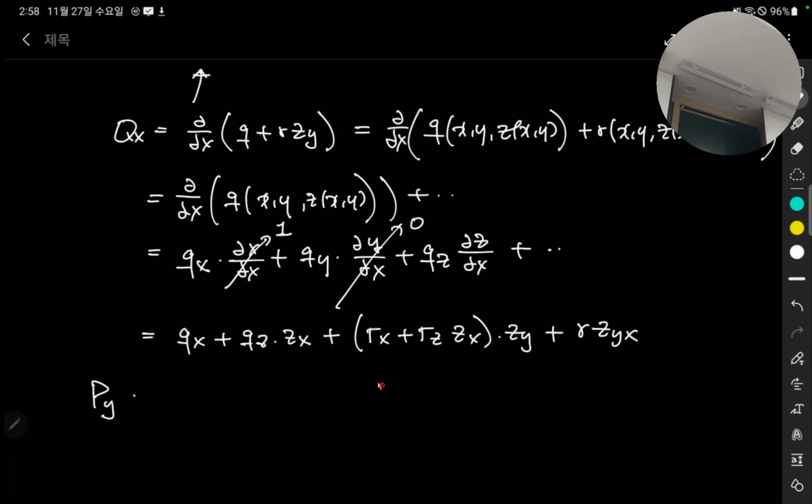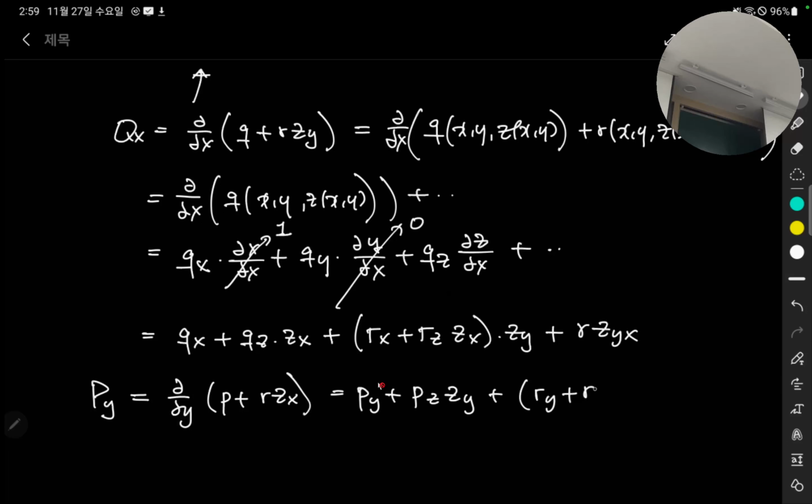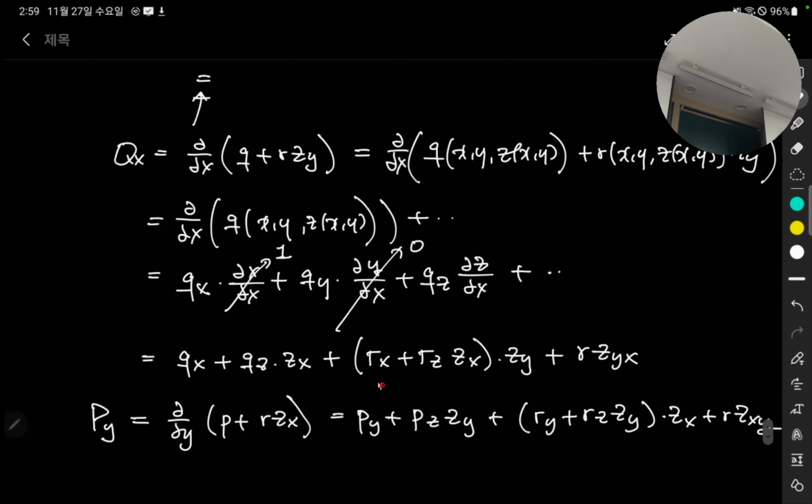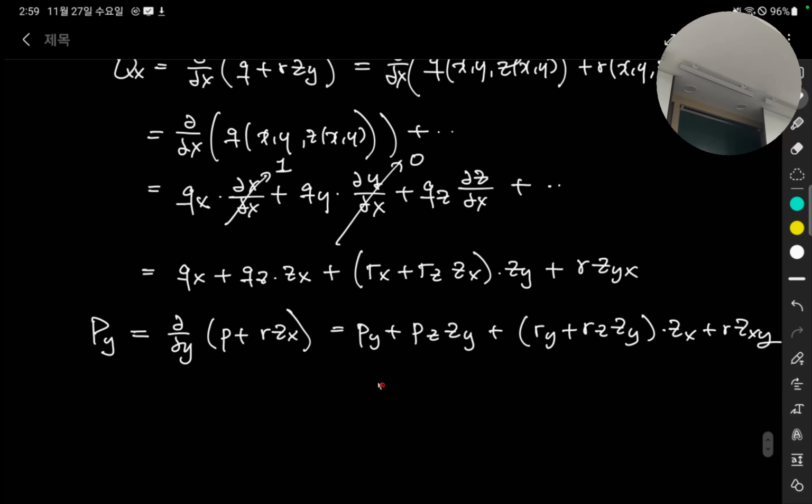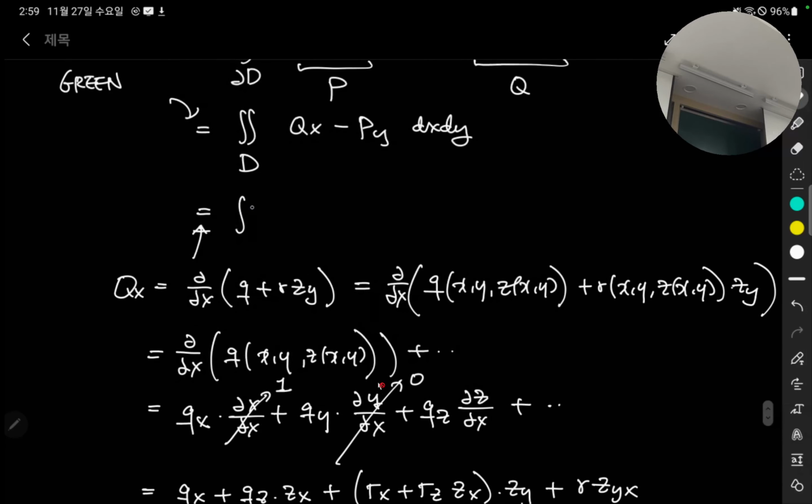And what's your P_y? It's ∂/∂y of P plus R z_x. So the same thing applies here: P_y, P_z z_y plus R_y plus R_z z_y times z_x plus R z_xy. That's your P_y.